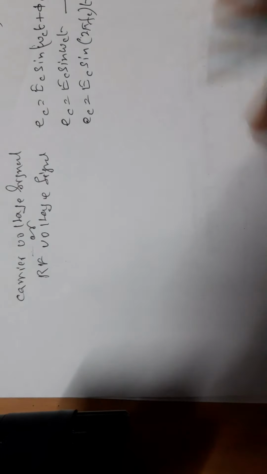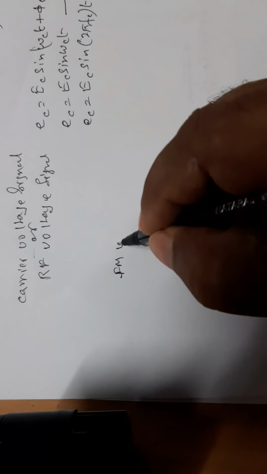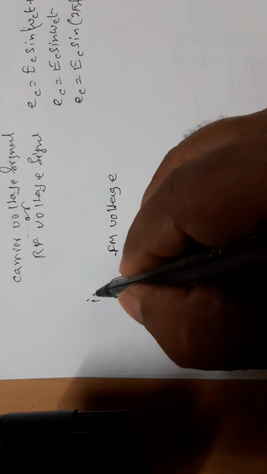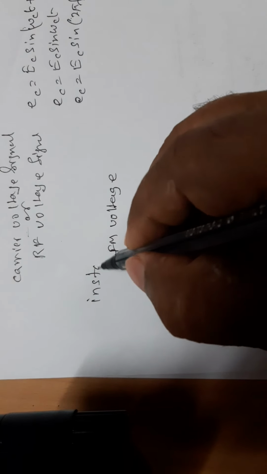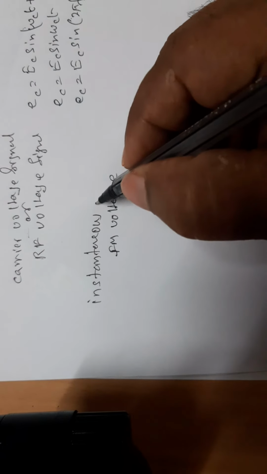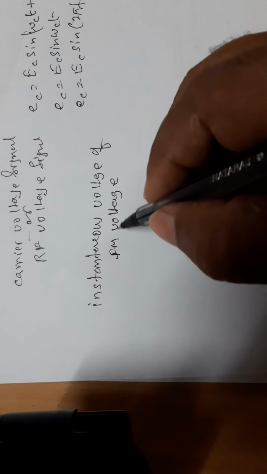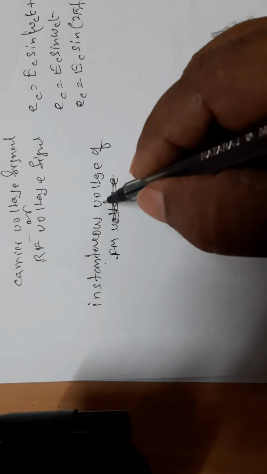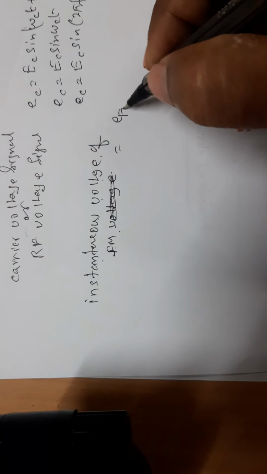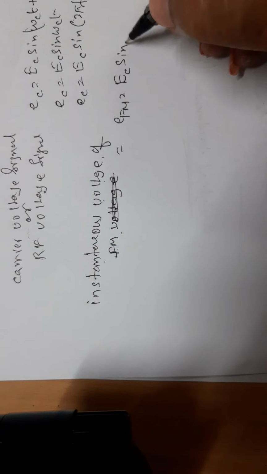Now, what is the FM voltage? The instantaneous voltage of FM is represented as EFM, with carrier amplitude remaining constant, into sine of theta.